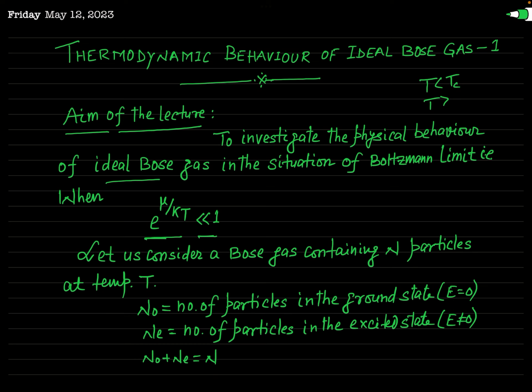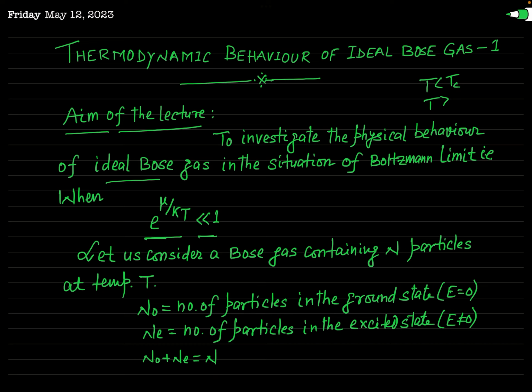So our discussion will be limited to this Boltzmann limiting condition. As I have told you, in this lecture we will not see the different thermodynamic properties of the ideal Bose gas, but we will only derive the fundamental equations needed for the discussion of the thermodynamical behavior of an ideal Bose gas.